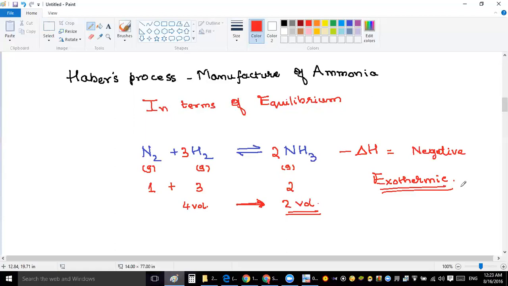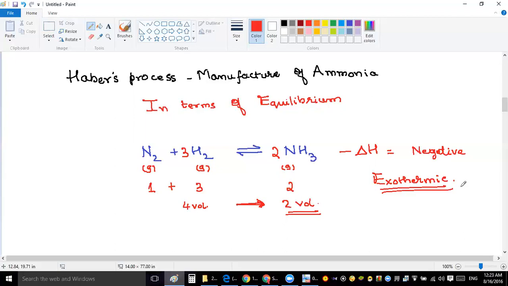So if I use high temperature, it means I am also applying heat to it. I am trying to heat it up while the reaction is trying to give out the heat. It means I am trying to oppose the reaction. So if the reaction is exothermic, then low temperatures are going to favor the forward reaction. I'm repeating the last part once again.